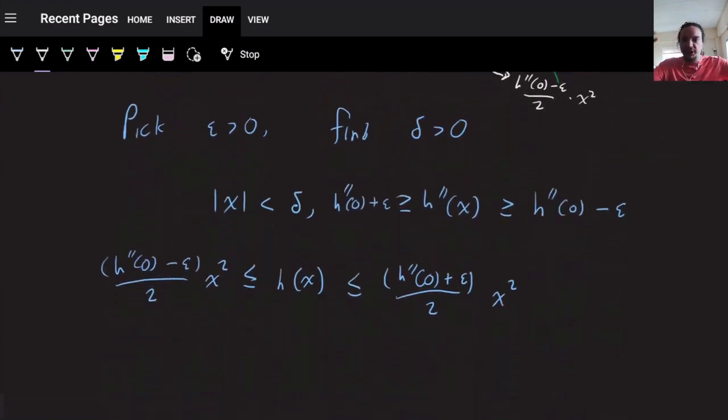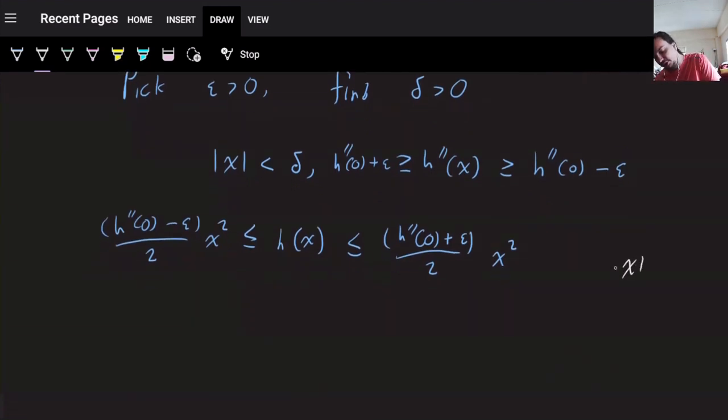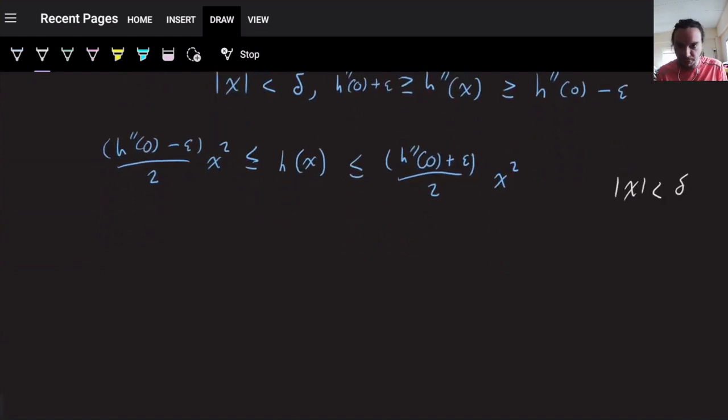Then I get something that sandwiches my function between two parabolas, at least for small enough x. So this is for x less than delta. So I've sandwiched my function between two parabolas like this. And now what I'm going to do is use the value of the integrals on the parabolas to bound the value of the integral of the function.